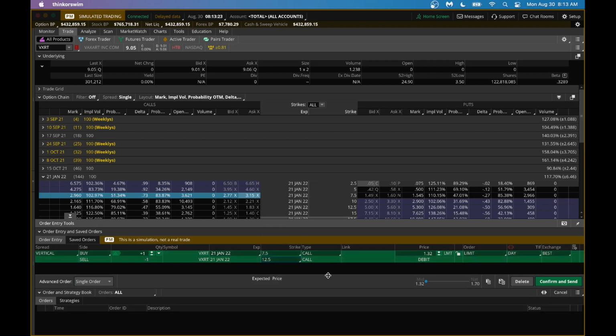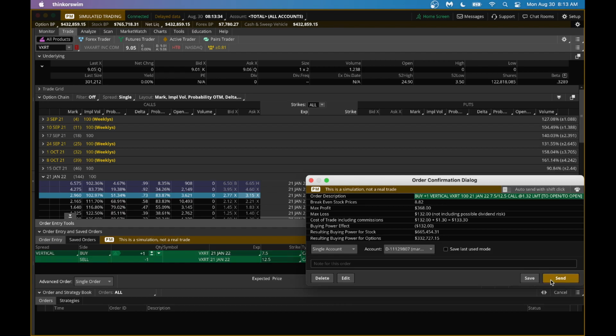There you go. So you're paying $1.32 for this spread here. You're making the remaining portion of $5 as profit. As you can see, you're paying 132 to make 368. It's much more than doubling your money. If the stock stays above 8.82, which is below the current stock price, you'll be profitable.